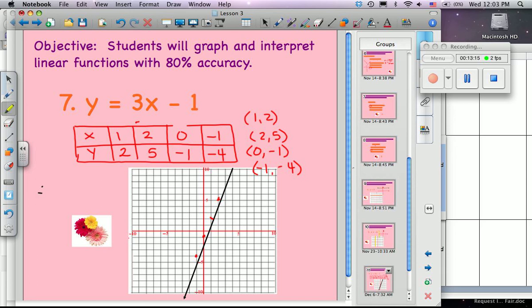Now we'll be able to move the line. So if we just shift it a little bit this way, there we go, it lines up. All right? So there's our line for that equation. And I like to write the equation on the graph. Y equals 3x minus 1 to show that this line goes with this equation. Okay? All right.